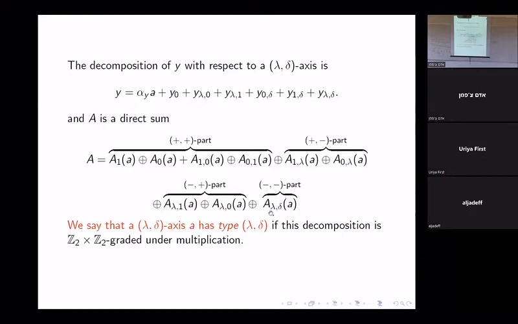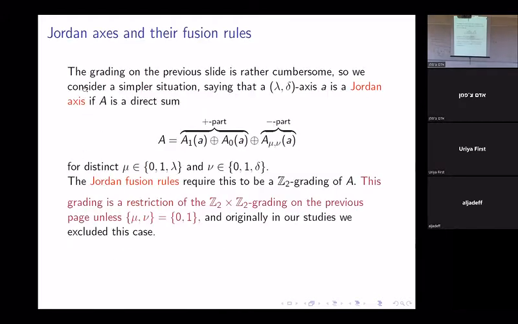So we put in another axiom, which comes from Jordan algebras, that first of all, we say that it has decomposition Z2 cross Z2. Okay. We'll say that it has type lambda delta.